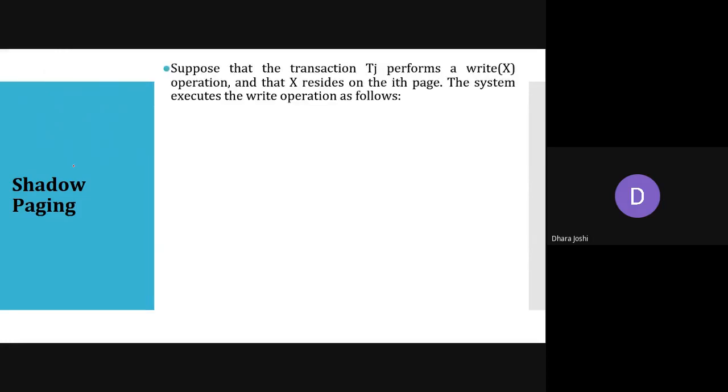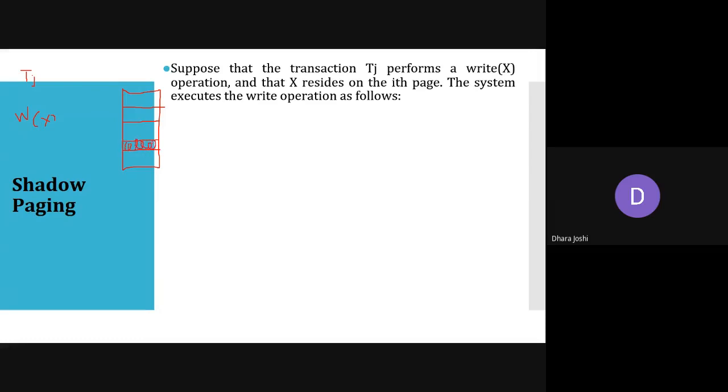Suppose a transaction Tj wants to perform a write X operation. That means it wants to write on a data item X, and this X resides on the ith page. Suppose we have this page table, and this is the ith page, which I am highlighting.